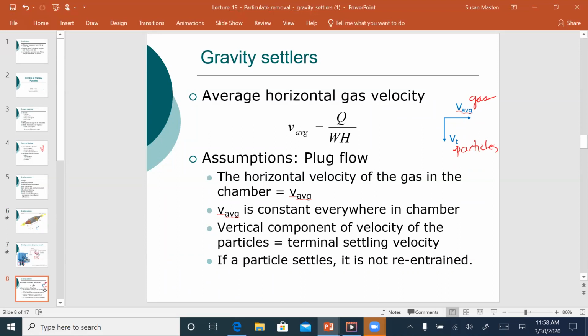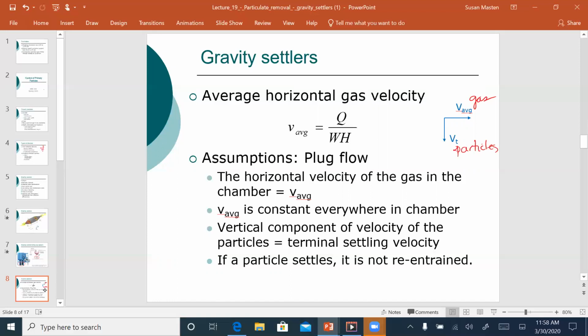Your average horizontal velocity is really a function of the gas. And then we'll also assume that if a particle settles, it's not re-entrained. So it moves, settles in this drop box. Once it's settled in the drop box, it's not re-entrained, remixed, and then moves with the gas.